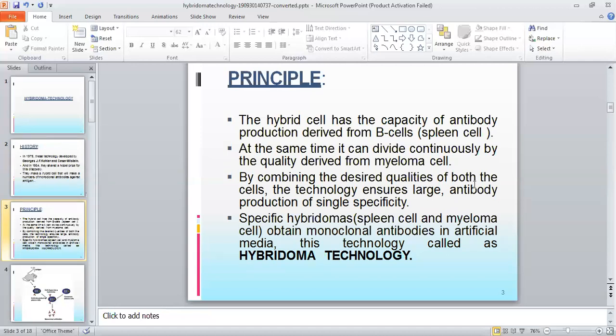And the second part is the myeloma cell, which has the uncontrolled division property. In this technique, the B cell or plasma cell and the myeloma cell are fused to each other to obtain a monoclonal antibody in artificial media. This technique is called the hybridoma technique.